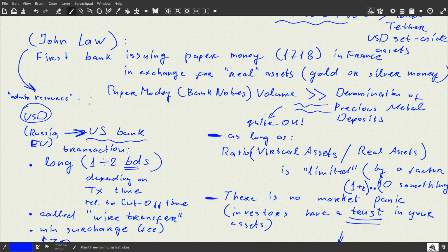He became finance minister of France himself.